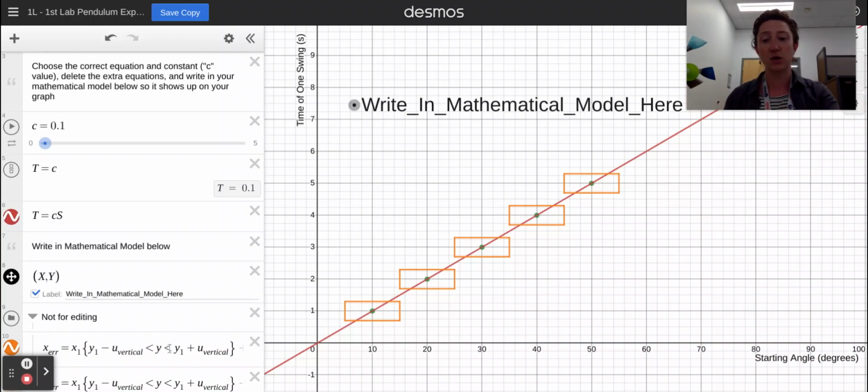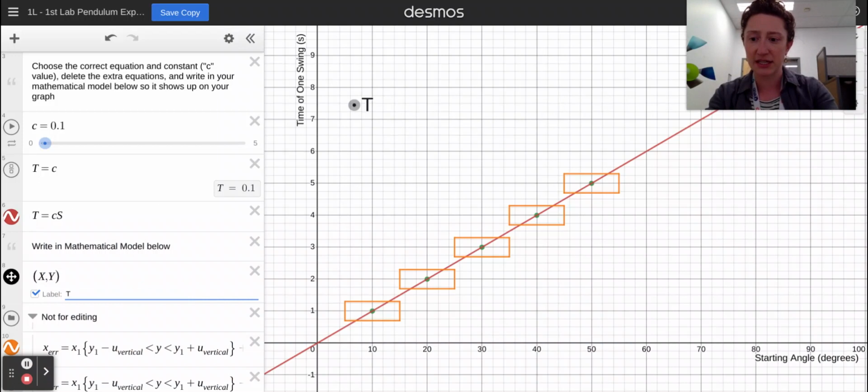We have a line that's going through our data, and now we need to figure out what the mathematical model is. And the mathematical model is what is left over. So I see it's T equals C times S. Okay, CS is like C times S, and I'm using that little star there.